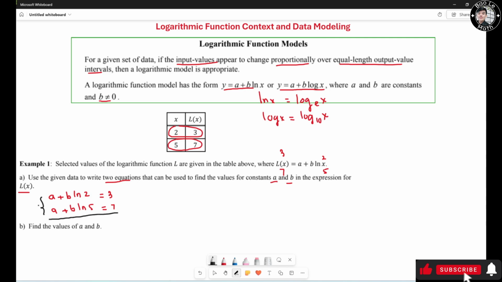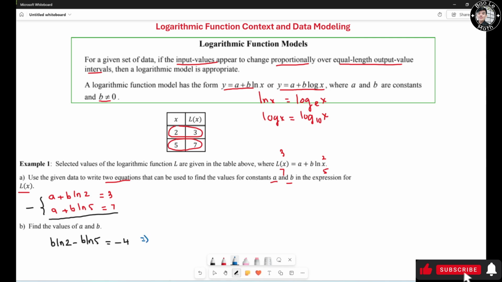So I'm going to subtract this guy vertically. A subtract a is going to be 0. b natural log of 2 subtract b natural log of 5 equals 3 subtract 7, which is going to be negative 4, right? Now I need to factor b out.